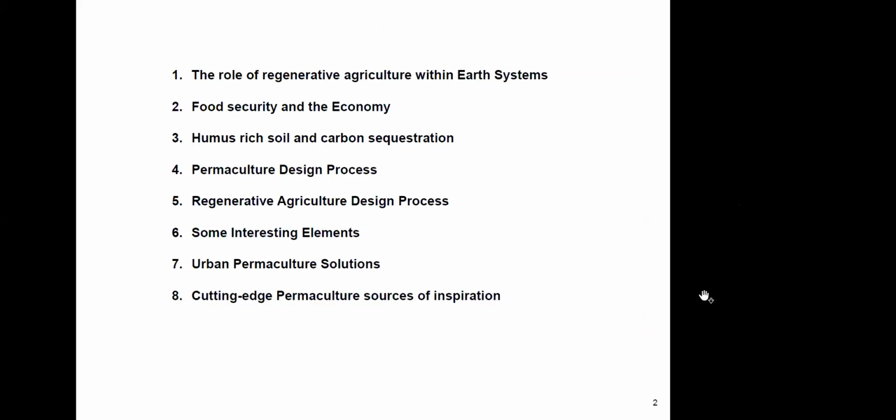There's quite a lengthy number of slides, but these are the eight various themes that we're going to speak to. The first one, the role of regenerative agriculture within the Earth systems, and then food security in the economy. How do we build humus-rich soil and thus sequestrate carbon?